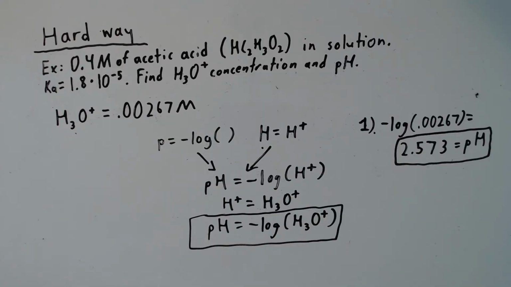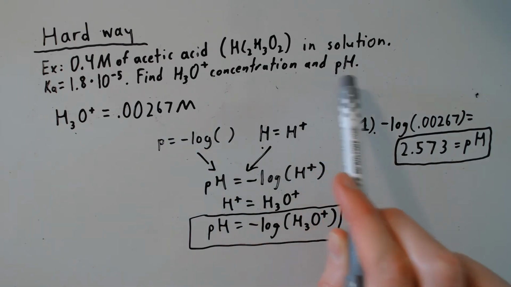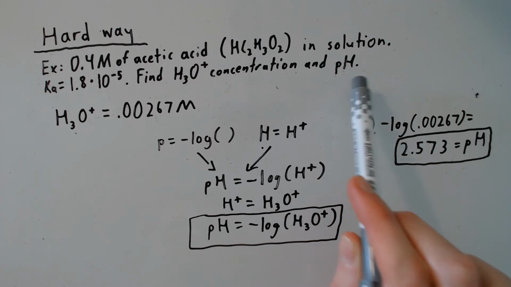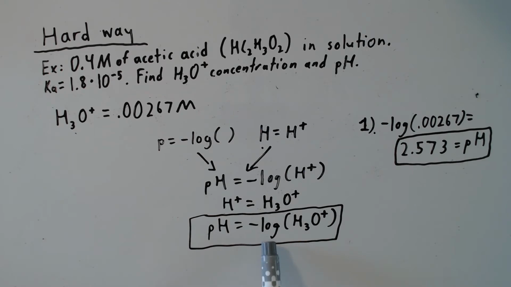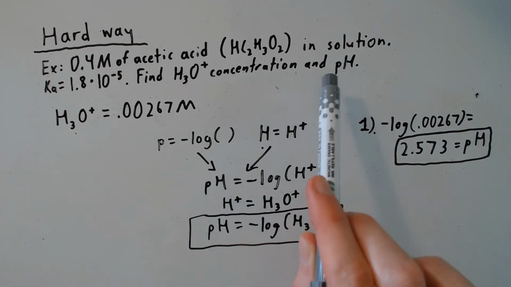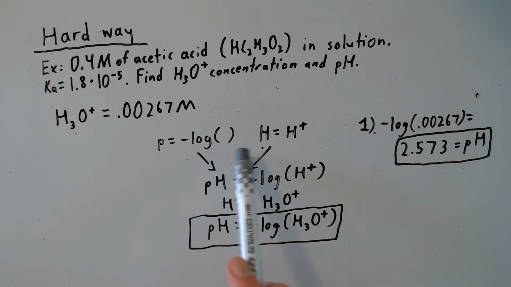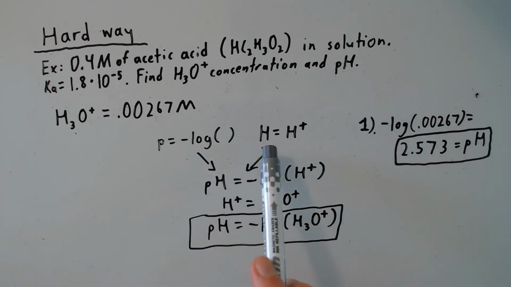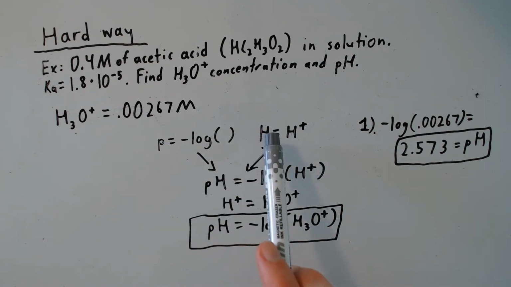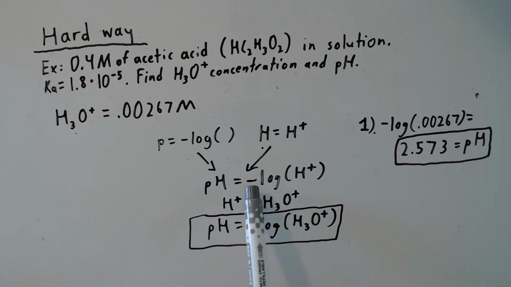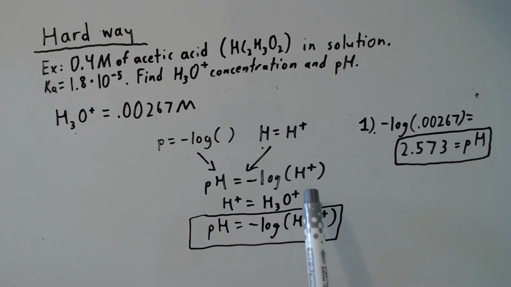Okay? Now that we know the concentration of H3O+, we can find the pH in this problem. In order to find the pH, we'll use the formula -log of the H3O+ concentration. You can memorize this formula by knowing that the P in pH stands for -log of something, and the H obviously stands for the H+ concentration. When you combine the P and the H, you get pH, and that will be the -log of the H+ concentration.